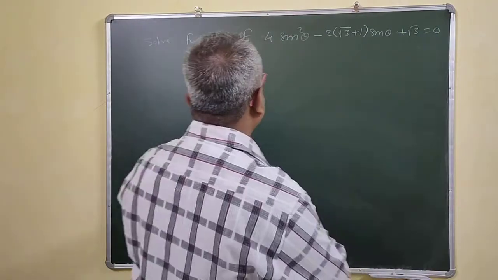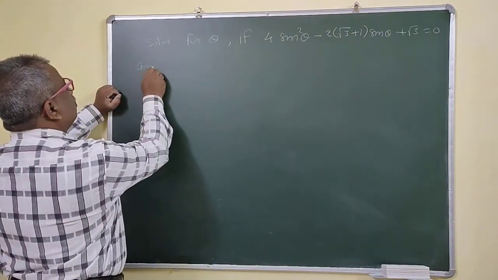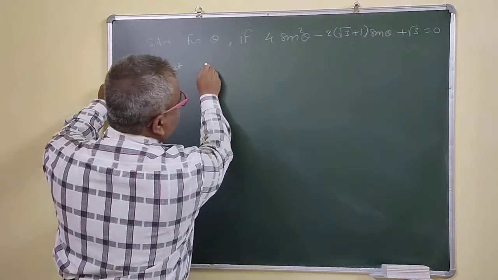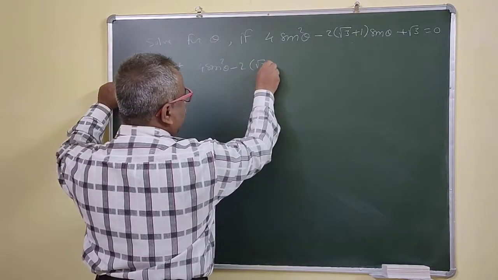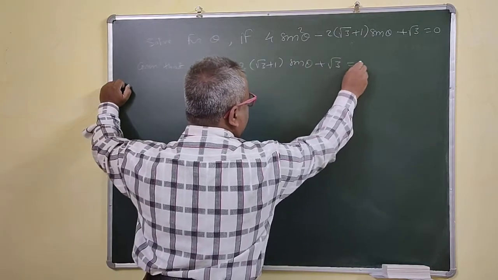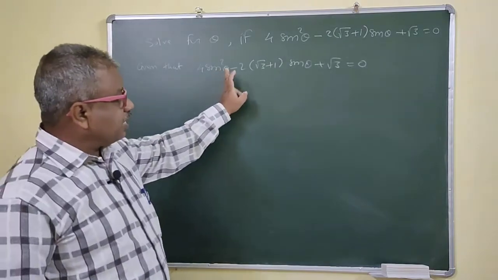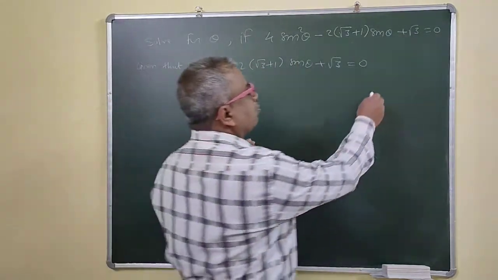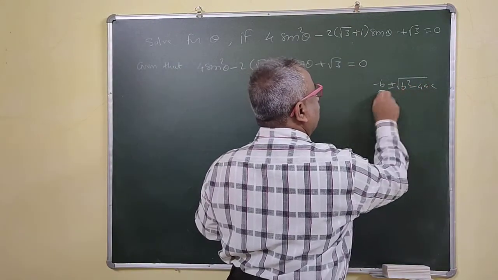Okay, solution. Given that 4 sin square theta minus 2 times (root 3 plus 1) sin theta plus root 3 is equal to 0. This is given. Now see, this is a quadratic in sin theta, so we know the formula: minus b plus or minus root of b square minus 4ac upon twice a.